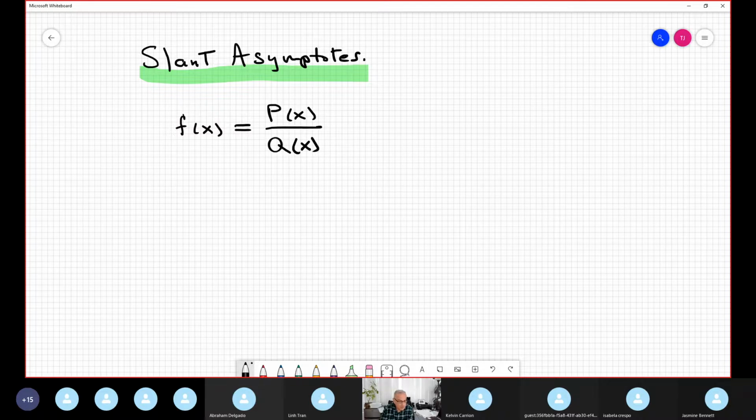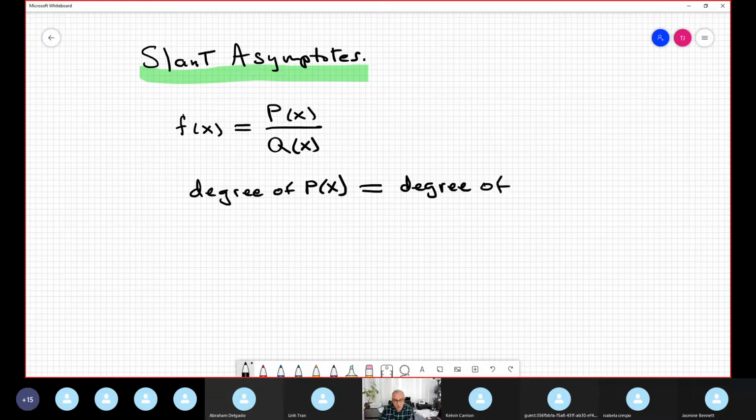But in this case, the degree of p is equal to the degree of q plus 1. No plus 2, no plus 3, plus 1.